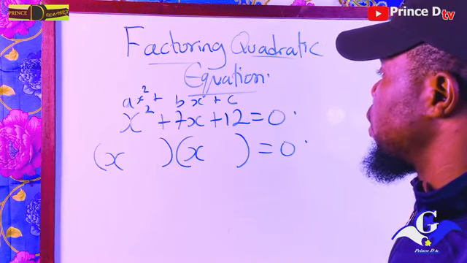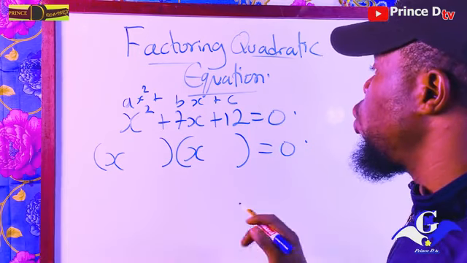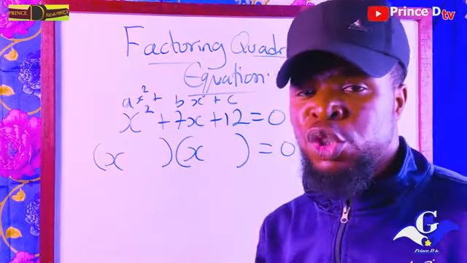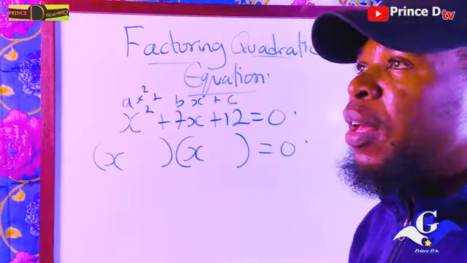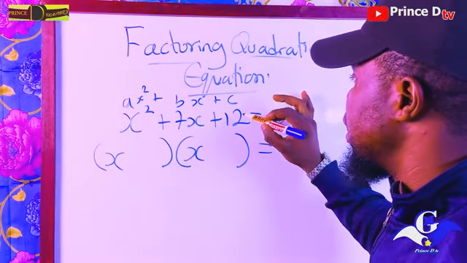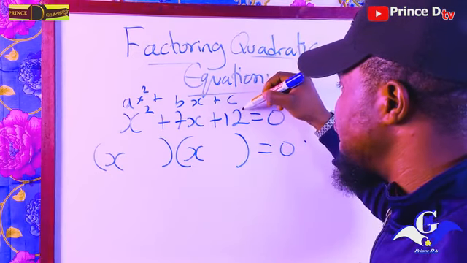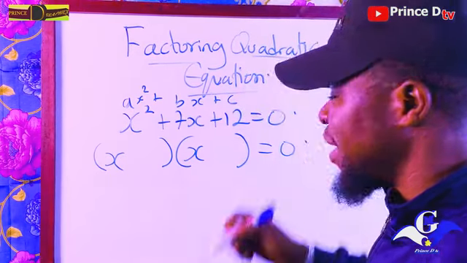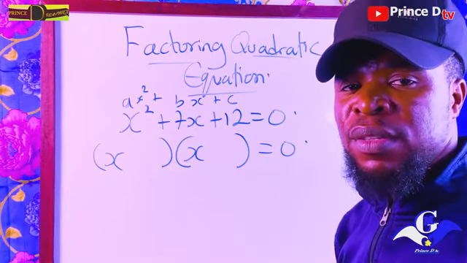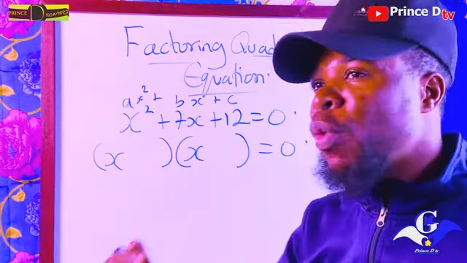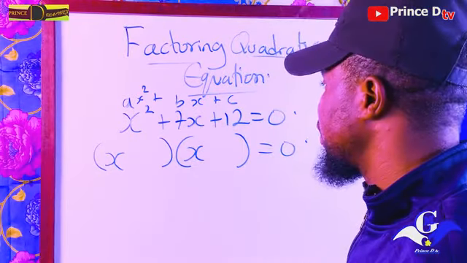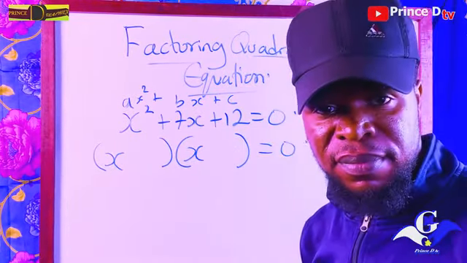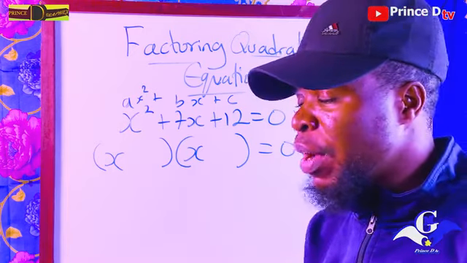Now, this is our constant c. Look for two numbers whereby the product of those two numbers will give you this constant c. So in other words, which two numbers when I multiply will give me 12? That's the first thing you have to think.